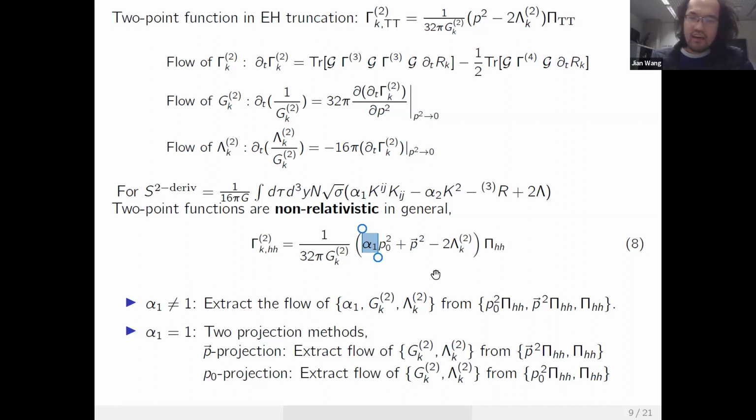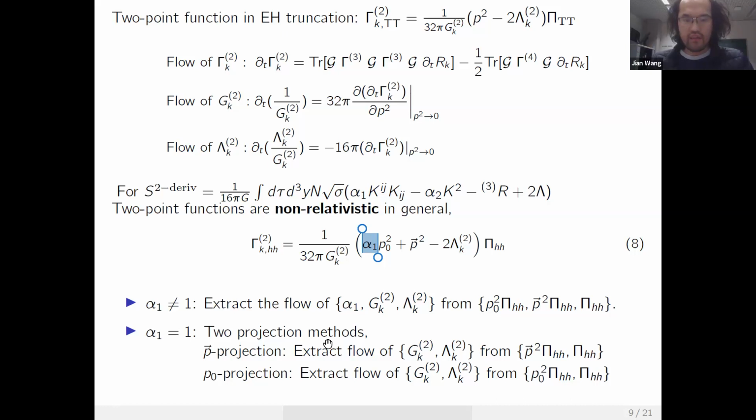That means we have 2 different projection methods. For example, we can extract the flow of those 2 couplings from the spatial momentum part and also the part independent of the external momentum. We call this projection method the p-vector projection.